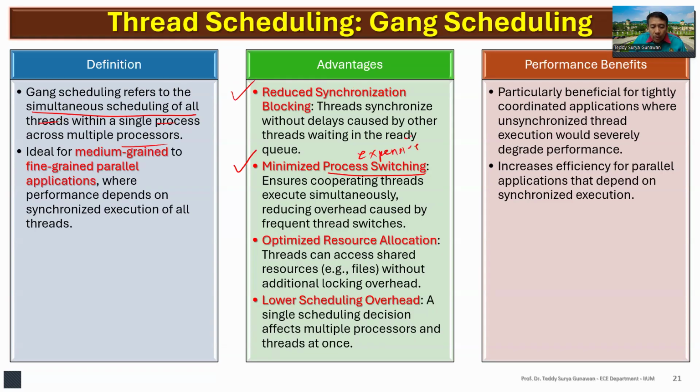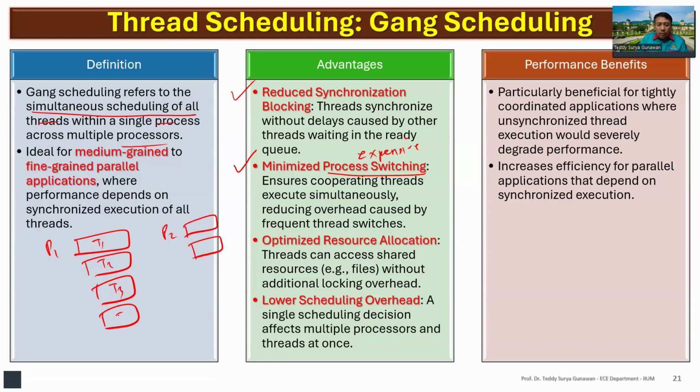For example, you have process one with 4 threads, and process two with 2 threads: thread one, thread two, thread three, thread four, then thread one, thread two. Thread switching is less expensive than process switching, because process switching includes several more steps. With thread switching, your resources are already there.